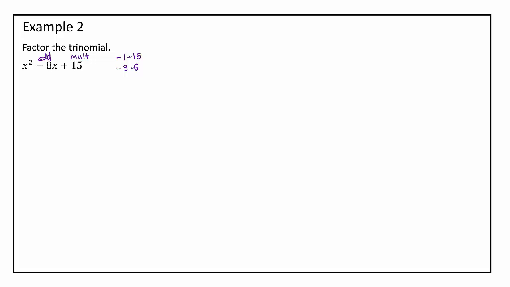So do I want -1 and -15, or do I want -3 and -5? I definitely want the second one. So in our parentheses, we're going to have x minus 3 and x minus 5, and that's our answer.